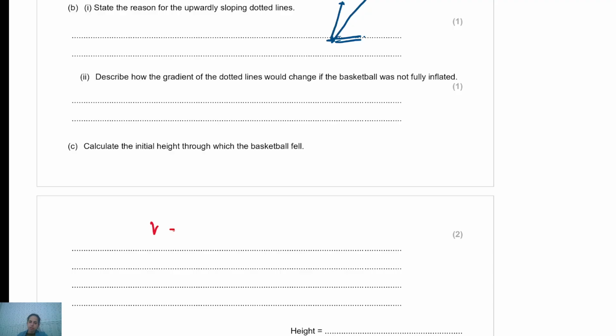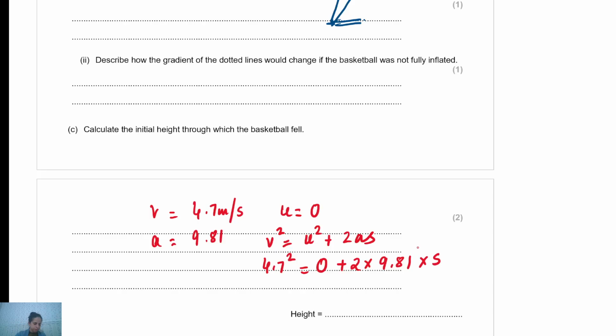So s is 4.7 squared divided by 2 divided by 9.81. Okay, I'm getting the answer to be 1.125. Significant figures, 1.13 meters. That's it, done.